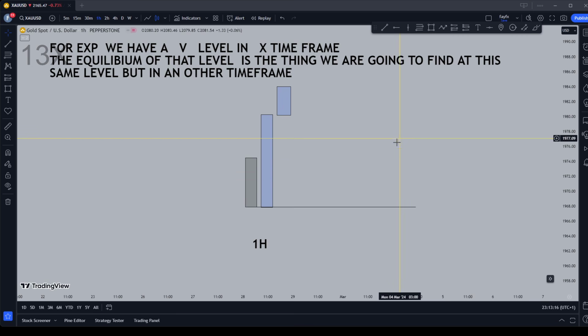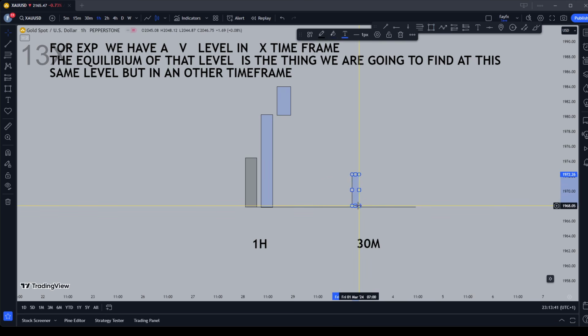Let's say, for example, in 30 minutes time frame. Suppose we are not sure to find a V level in 30 minutes. Maybe we are going to find another V level.